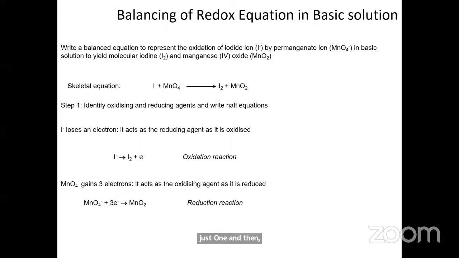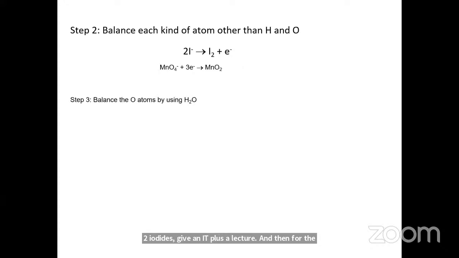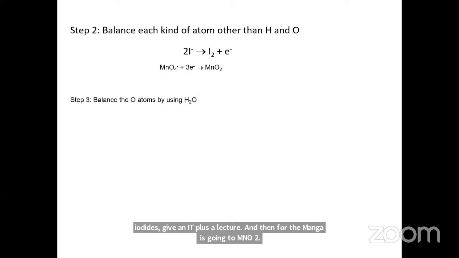So we need to balance that: 2 iodide to give I2 plus electrons. And then for the MnO4- going to MnO2, there is only 1 manganese on the left-hand side and only 1 manganese on the right-hand side. So that is balanced. So the next thing is to balance the oxygen by adding water.